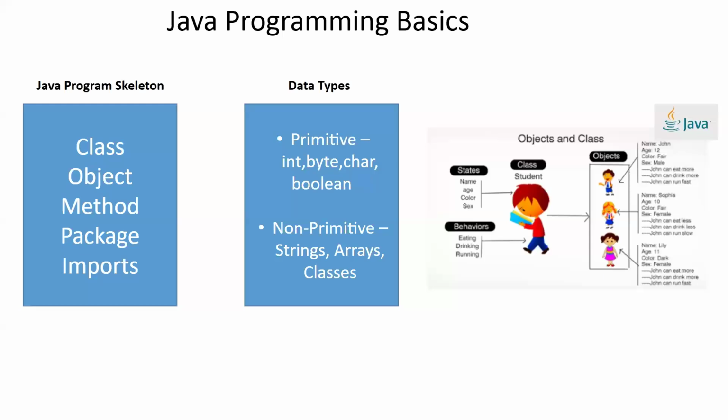Now, as I said, an application will have multiple classes. A class will have multiple data declared, multiple methods. Now, since there are going to be more than one class file, you can have 10 class files, 20 class files. The collection of class files will be under a package. So a package is nothing but a collection of classes. Logically, an application might have more than one or two packages.